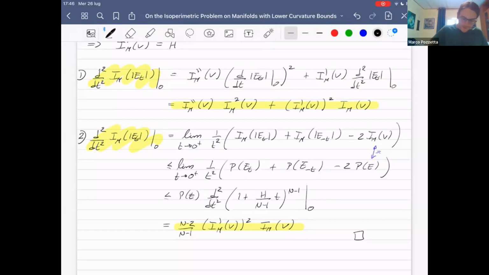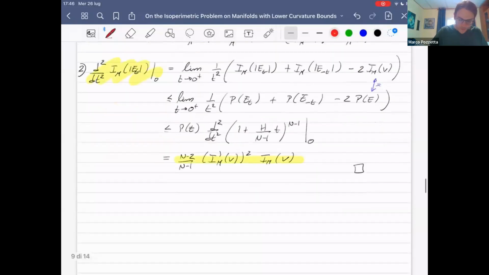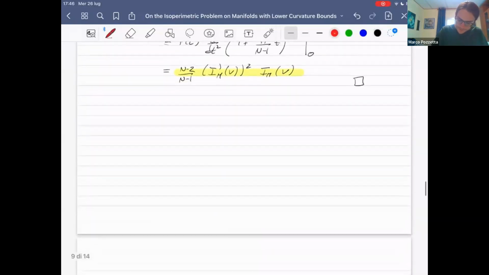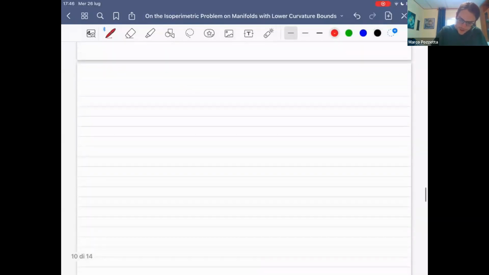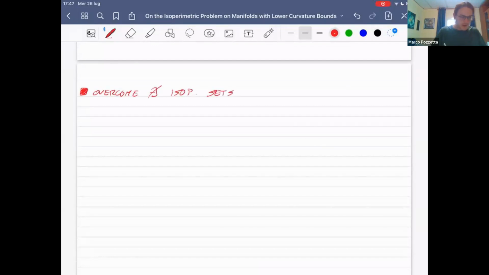So the final comment is how to overcome non-existence of isoperimetric sets. And the idea is to apply the following theorem.